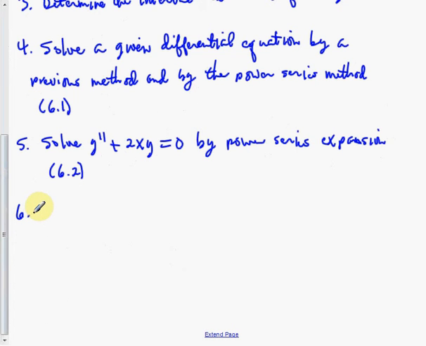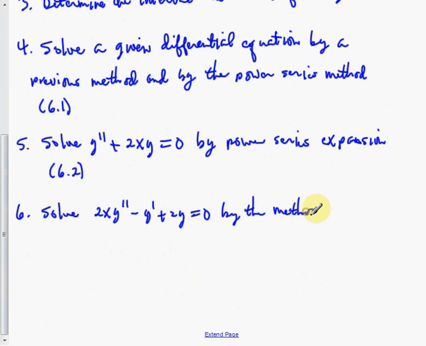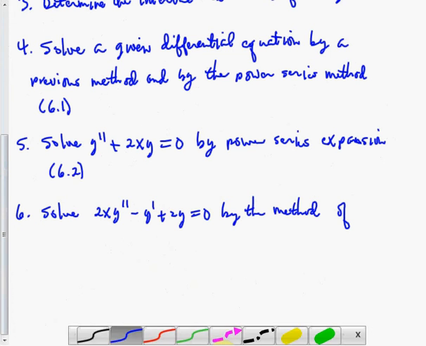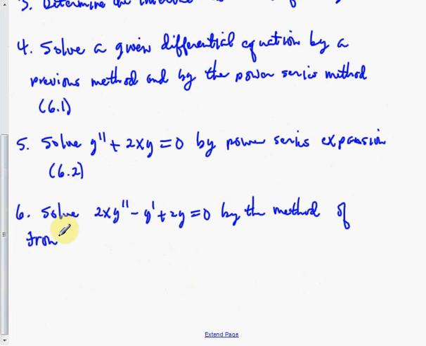And then number 6. Solve 2xy double prime minus y prime plus 2y equal to 0 by the method of Frobenius, and that's section 6.3.